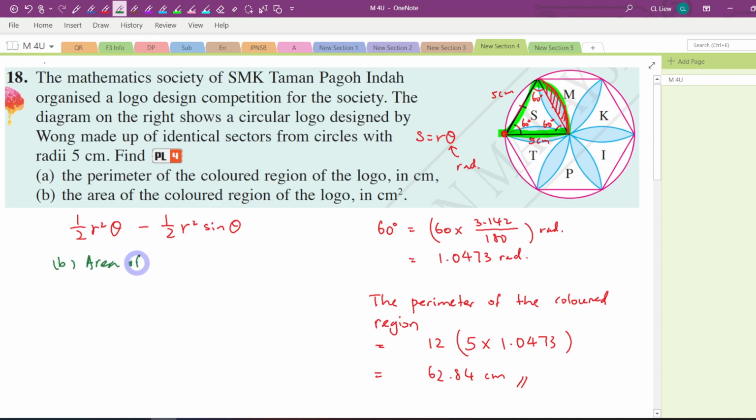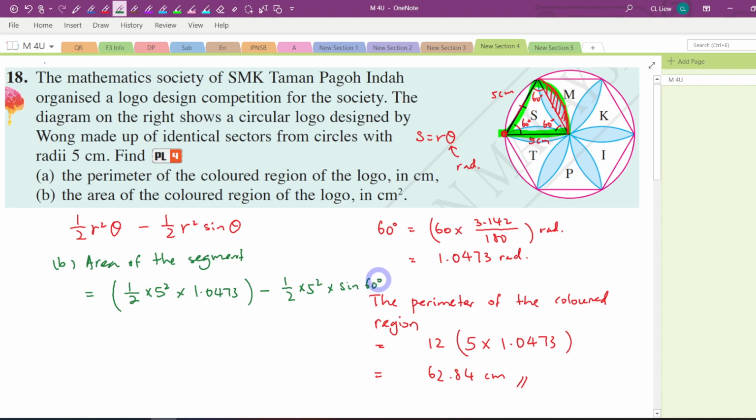Area of the segment: 1 over 2 r squared, which is 5 squared, times theta, 1.0473. This is the area of the sector, minus the area of the triangle, 1 over 2 r squared sine theta. For theta, you can use 1.0473 radians, or you can just use degrees.